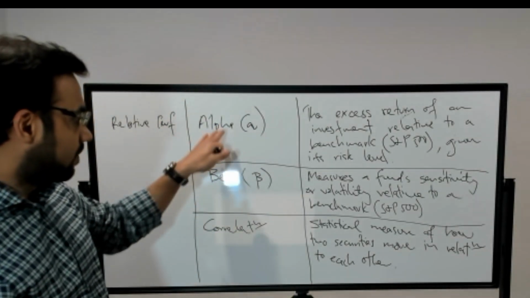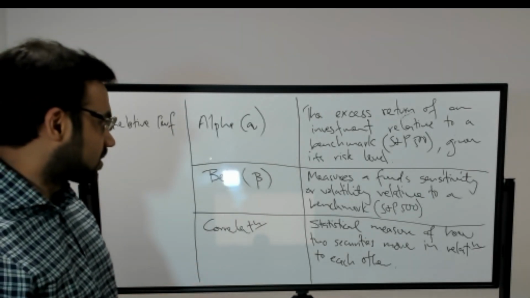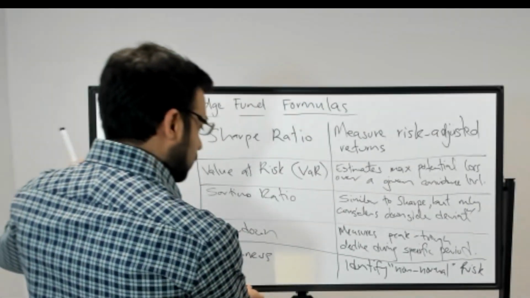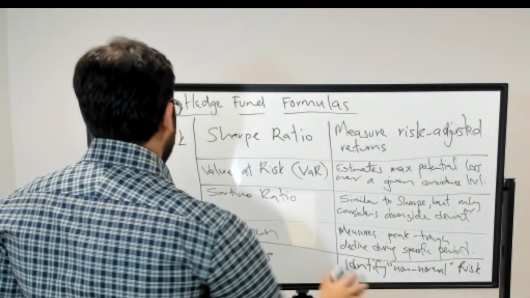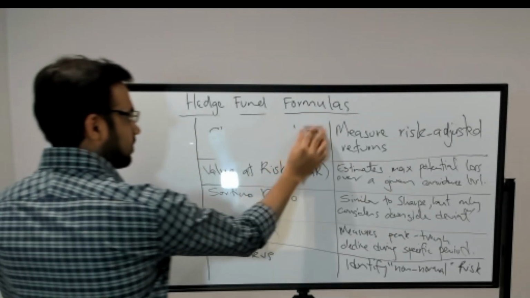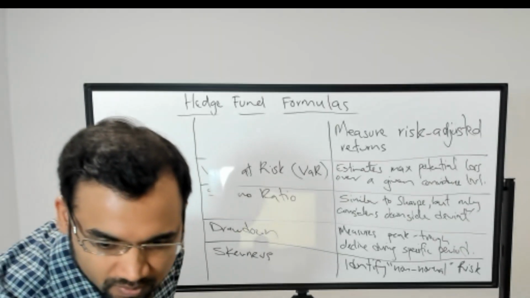That's alpha, beta, and correlation. These are the three main ones. So let's quickly move on to the next one.